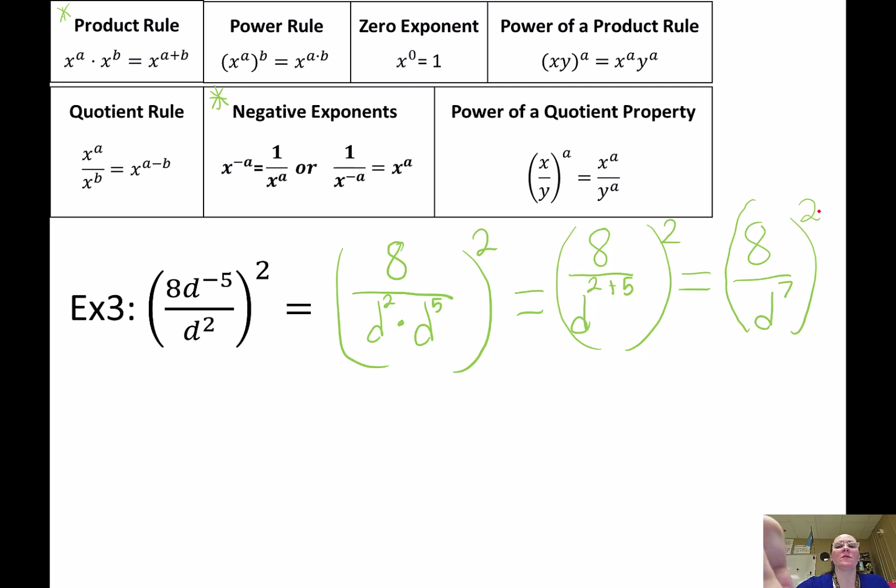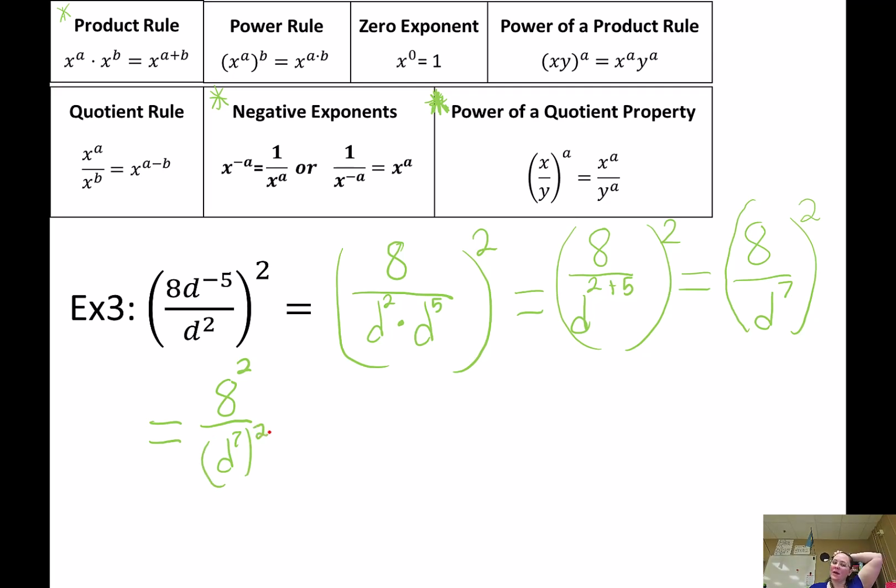And our final thing, we're going to use power of a quotient rule because I have that 2 on the outside. So that's going to give me 8 to the 2nd power over d to the 7th to the 2nd power.